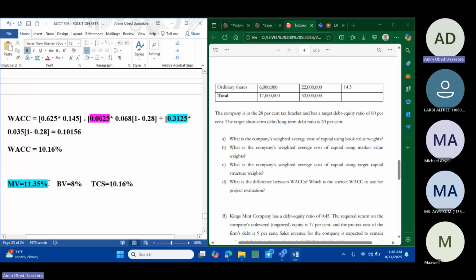But the book value is an accounting estimate. It relies on historic data, and it factors in a lot of concepts.